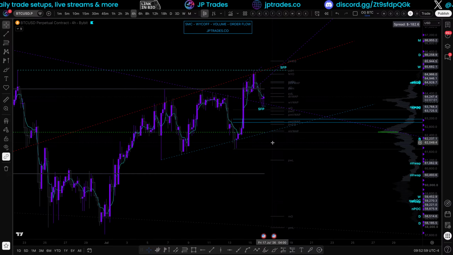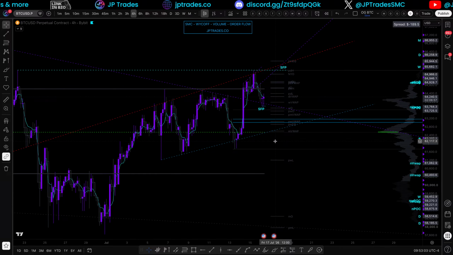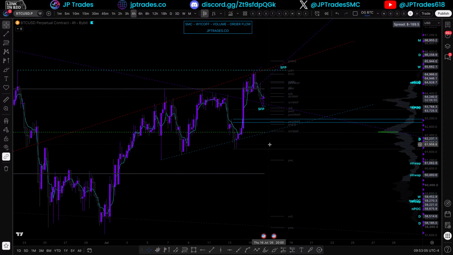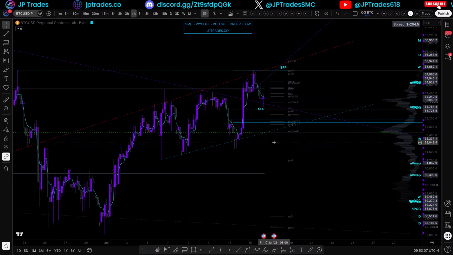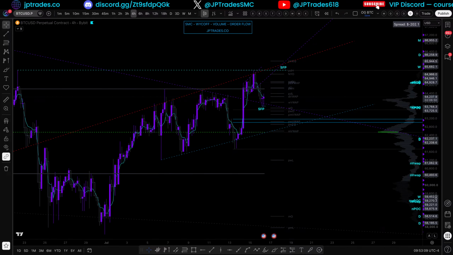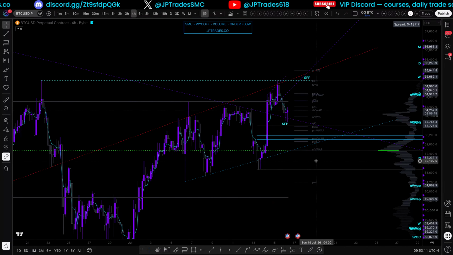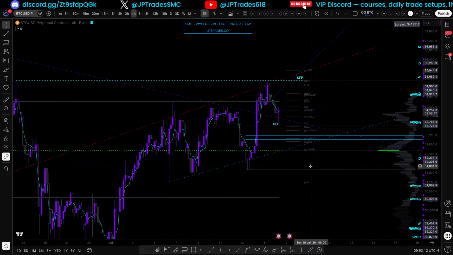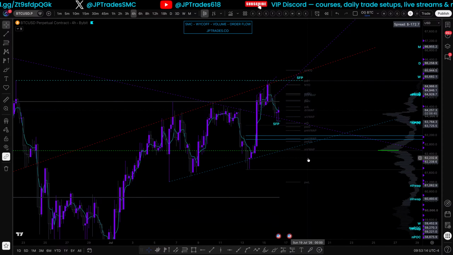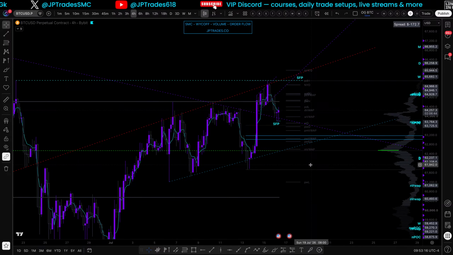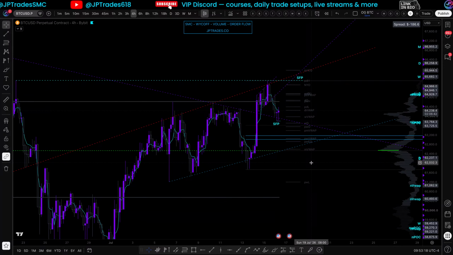Again, that's going over kind of what we were talking about before the stream. Lots of different ways to come up with the same exact levels, right? Doesn't matter if you're trading trend lines, channels, volume, SMC with order blocks or value gaps. You really end up coming up with a lot of the same levels.